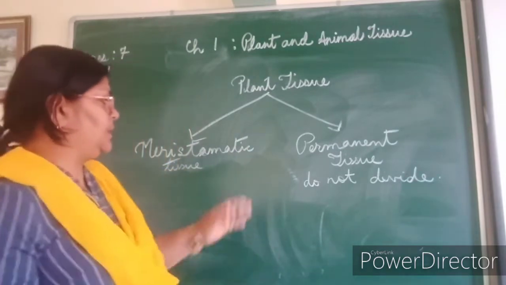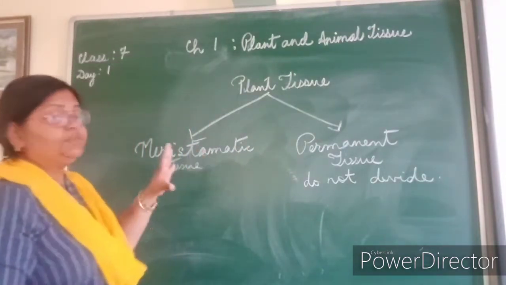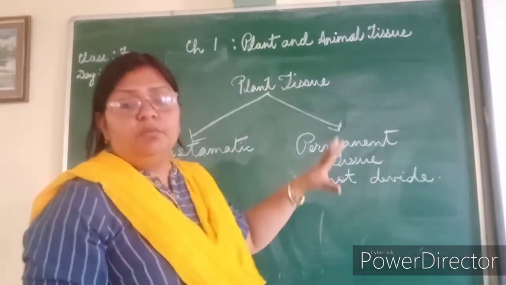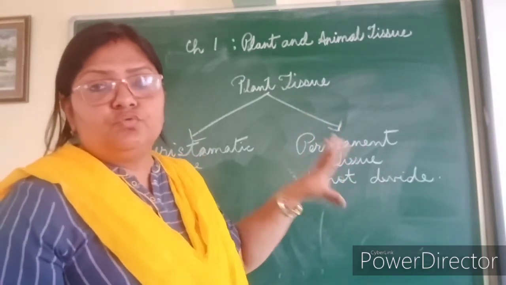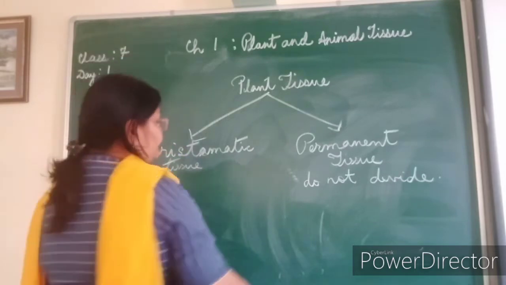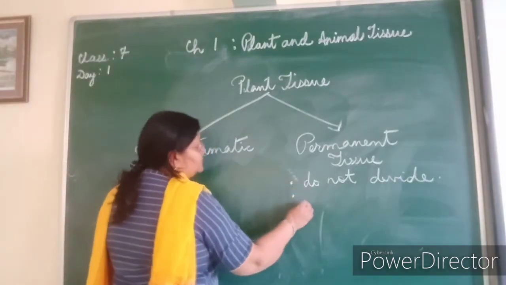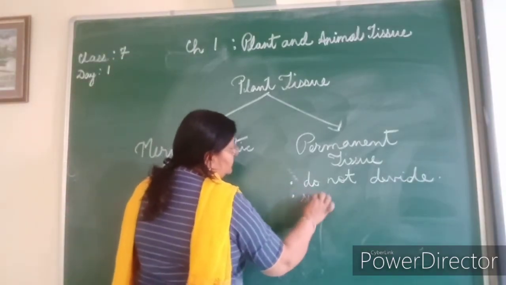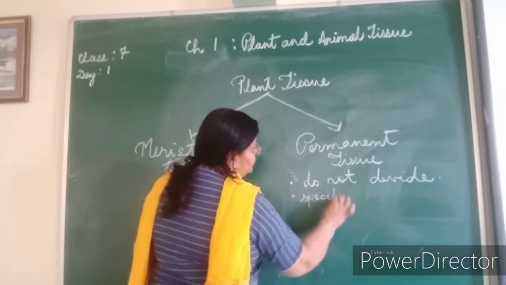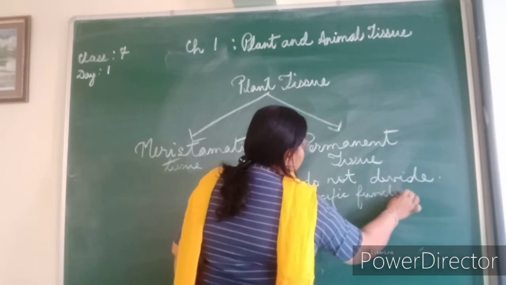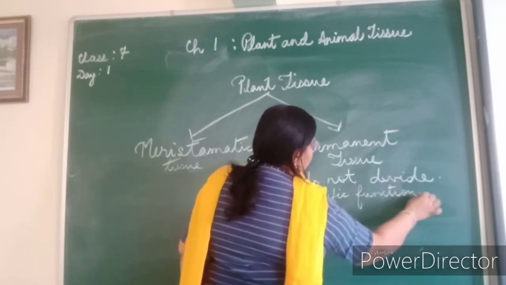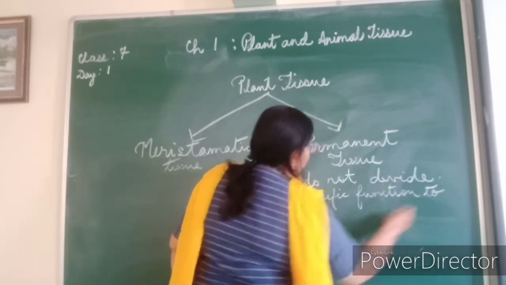So they have a specific function to perform. So permanent tissues are basically of two types. Let's note that also. Specific function to perform.